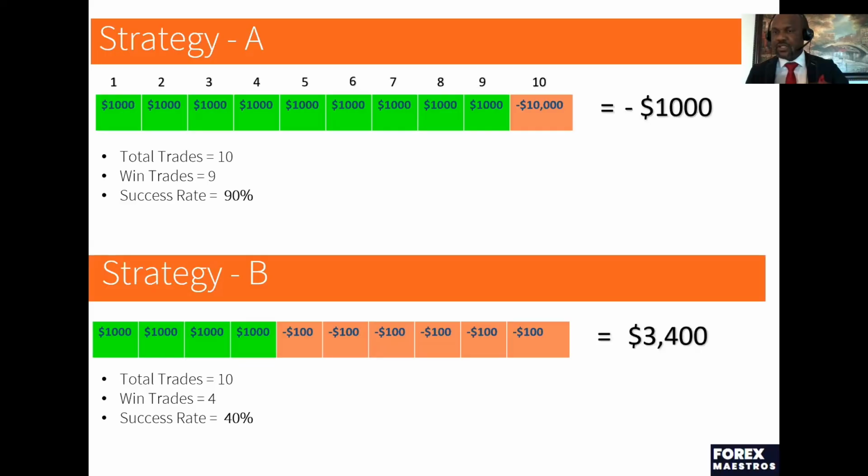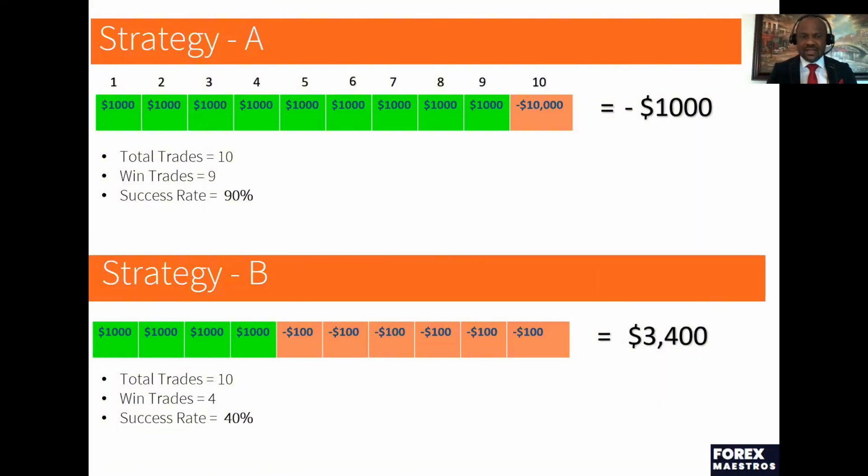So he was risking $10,000 to make what? $1,000. His risk reward is 10:1. Risking 10 parts to make 1 part. Are you following, guys? That's what the guy is using.